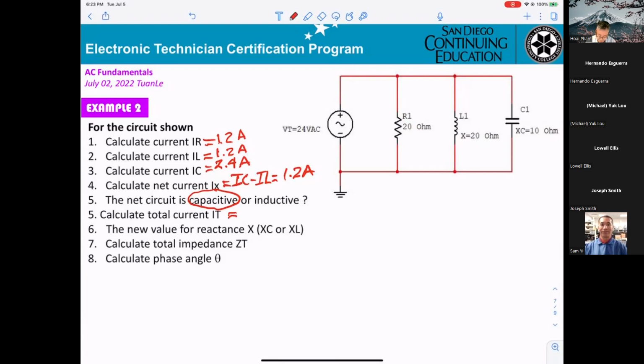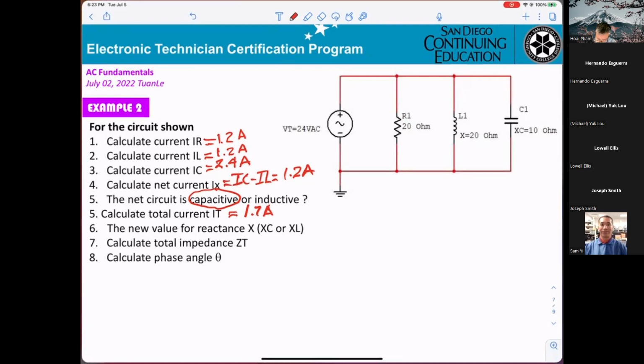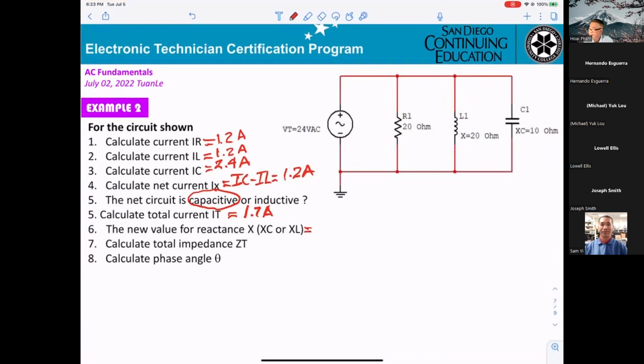Yes. New value for I. Who got the answer?